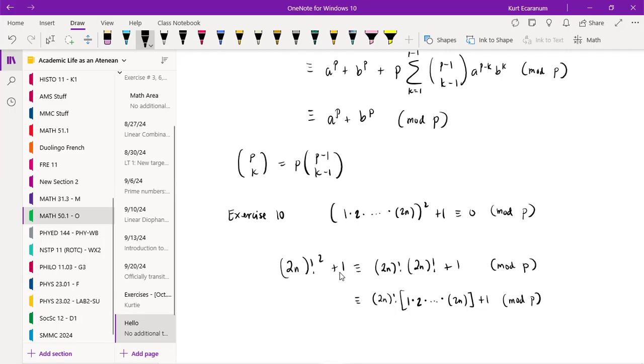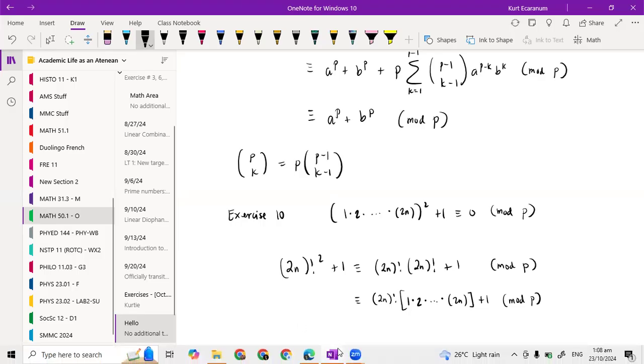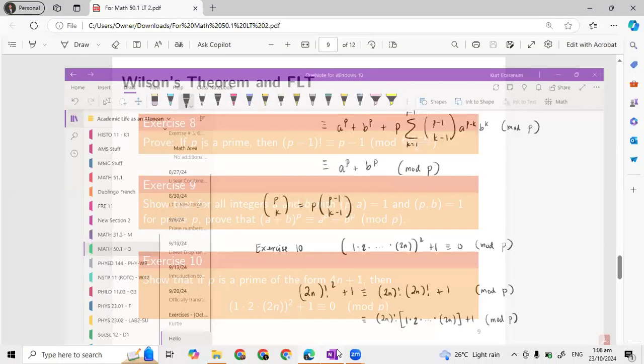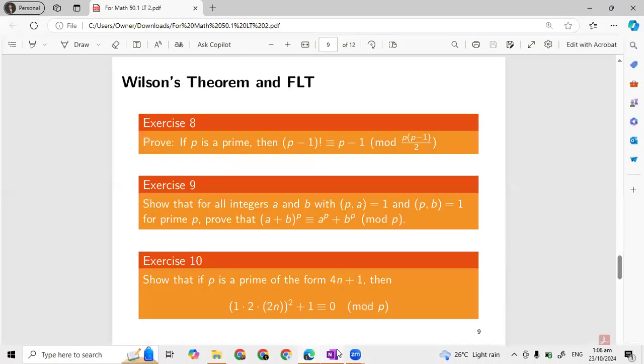Or wait, parang mali. Sandali. Again, basahin ko lang yung problem. Up to 2n to hindi siya like times 2n lang, 2n squared.